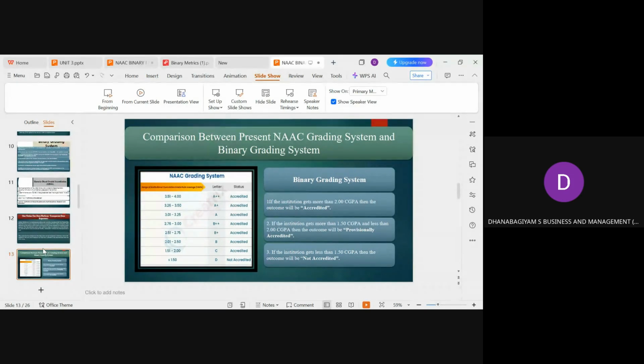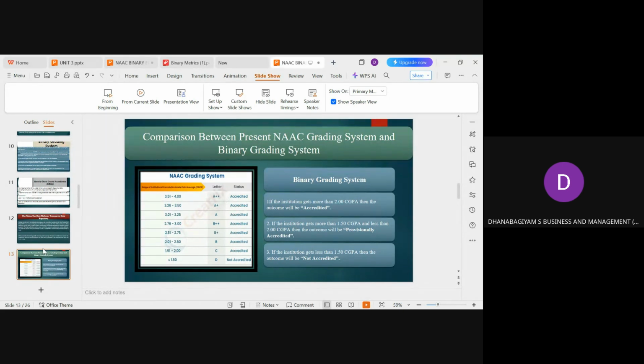If the score was from 3.26 to 3.5, the grade was A+. If it was from 3.1 to 3.25, the grade was A. And from 2.7 to 3, it was B++. So this is how the grading was given earlier.